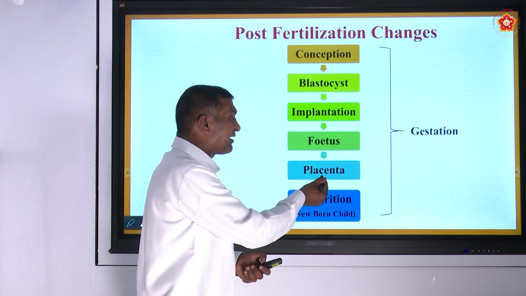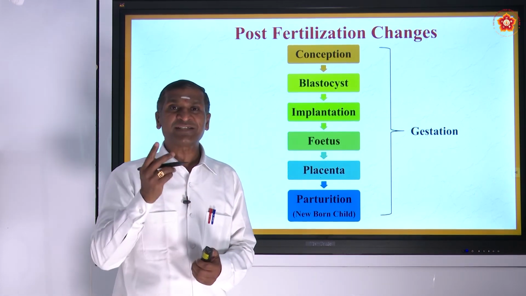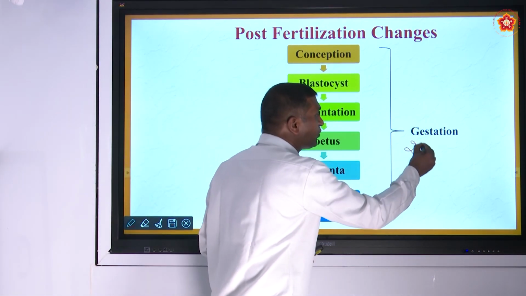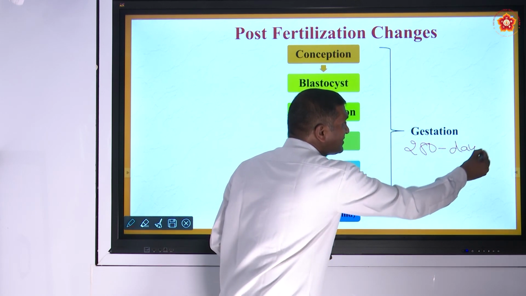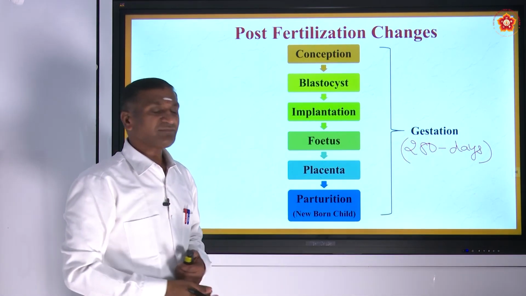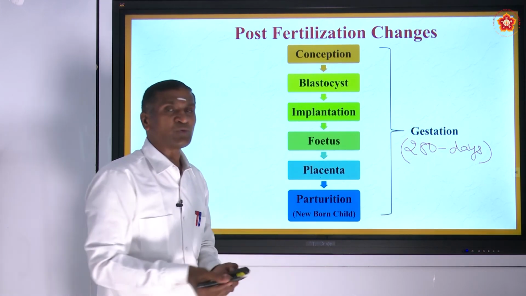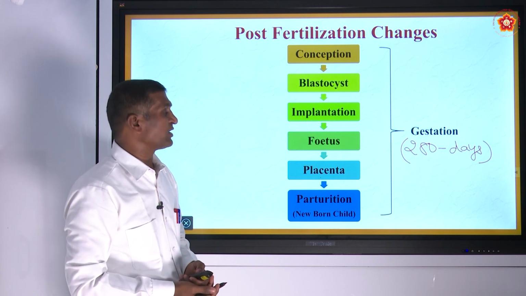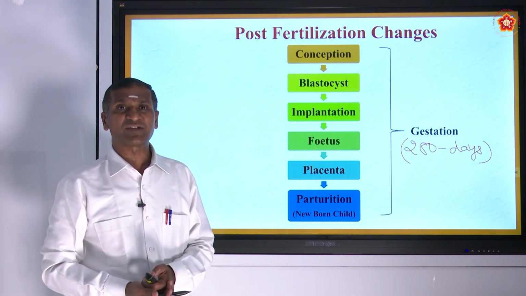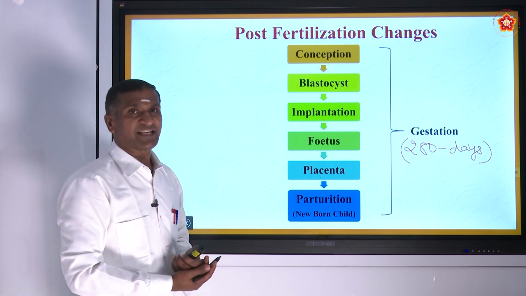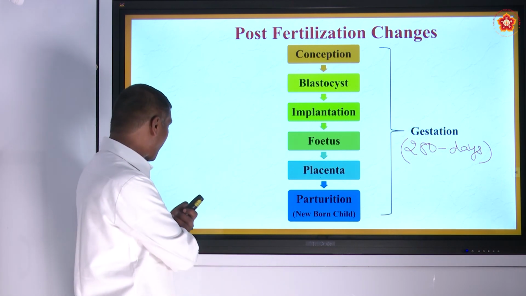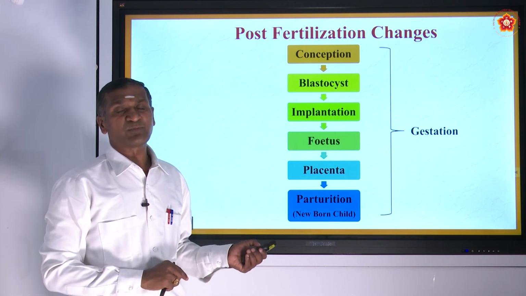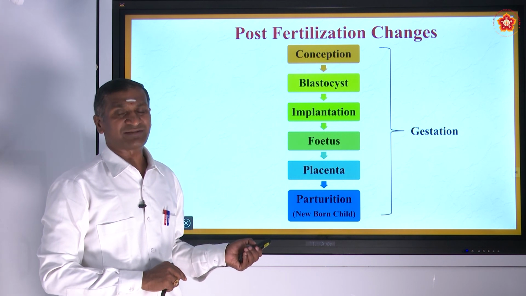The placenta nourishes until all the organs are well developed, and after a period of 280 days, the gestation period, finally the new child is born. So this period from conception to the birth of the child is called the gestation period, which is 280 days. This is about the post-fertilization changes.